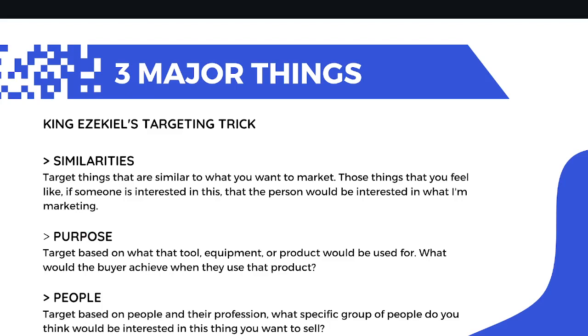The next one is purpose. Target based on what that tool, equipment, or product would be used for. So the purpose of that product, the purpose of that service, or the purpose of that equipment, target it.